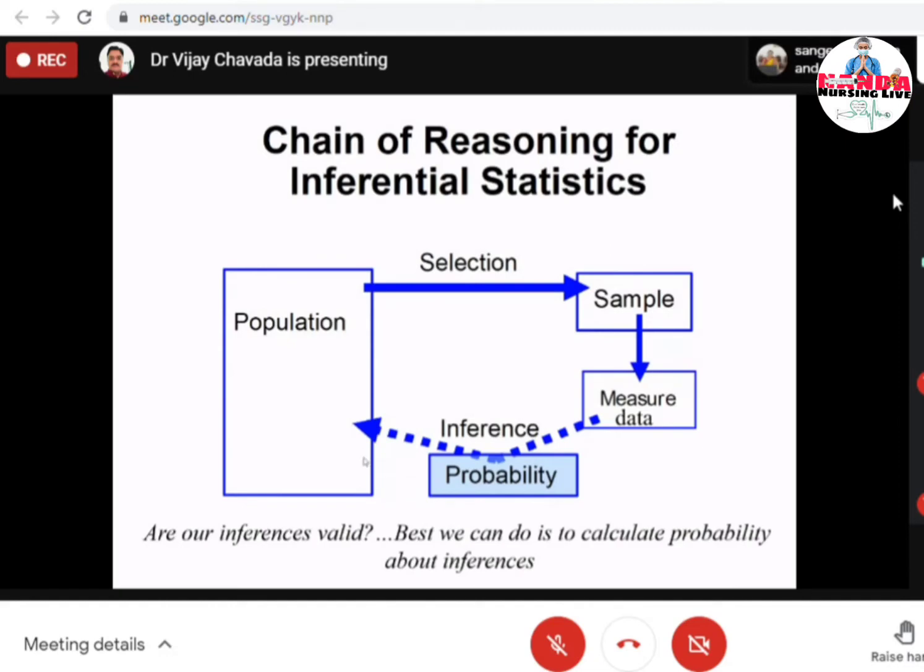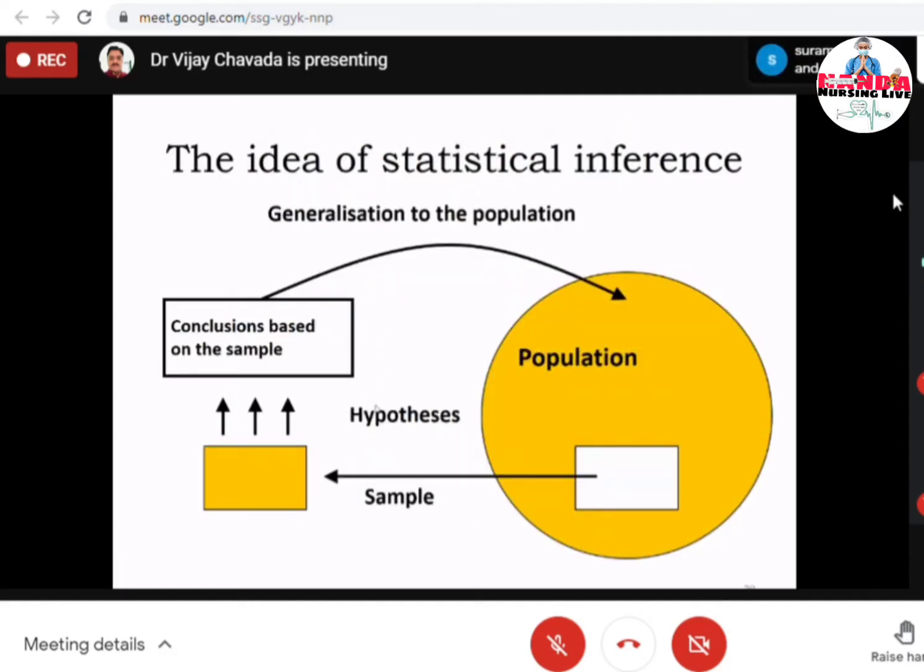Now the question comes whether my inferences are valid or not. With what validity, and with what probability, can I be sure that the inferences are applicable to the population? In other words, it is the generalization of the conclusions based on the sample which has been drawn out of the greater population.